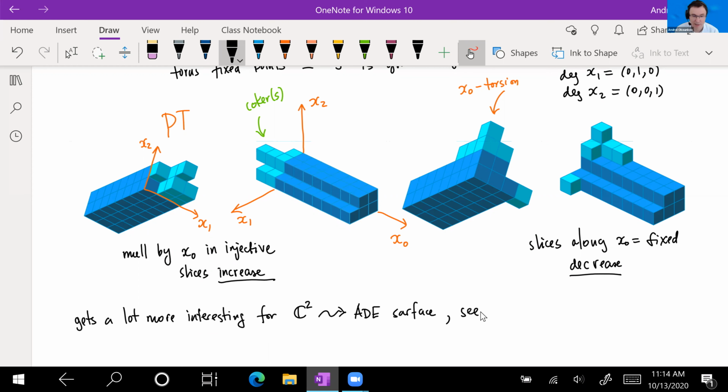See the paper I referenced last time. You can find that reference. This is Henry's paper called quasi-maps and stable pairs.